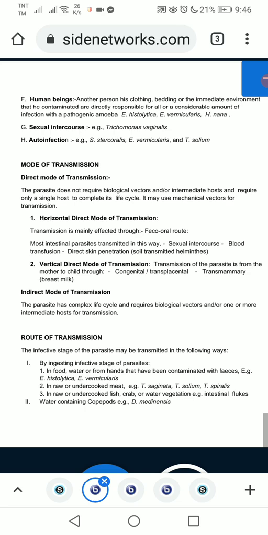Another is uncooked or raw fish, crab, or water vegetation. For example, we have the intestinal flukes. And lastly, we have the water-containing copepods. Yung mga copepods kasi parang maliliit na crabs or maliliit na insect doon sa tubig that carries yung Dracunculus medinensis.